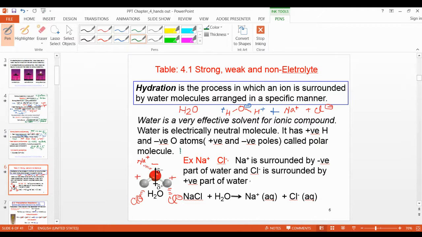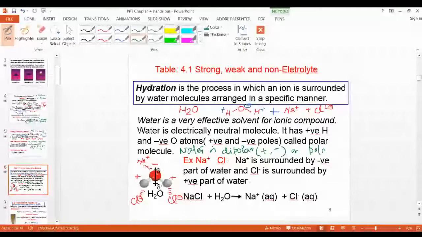So I will write here, water is dipolar. Di means two. Dipolar means positive and negative, or polar molecule, the general term. Anybody tell me now please, why do we call it a polar molecule?